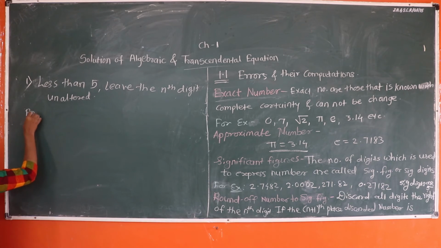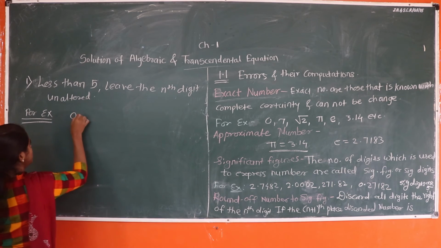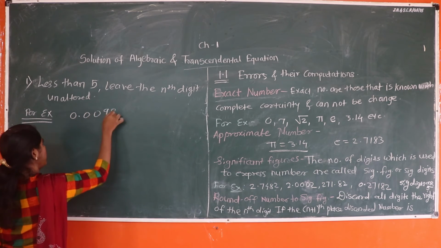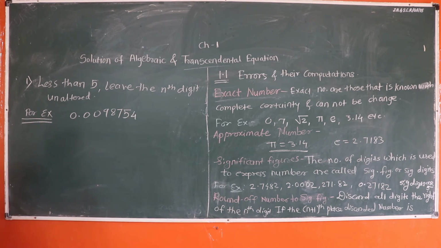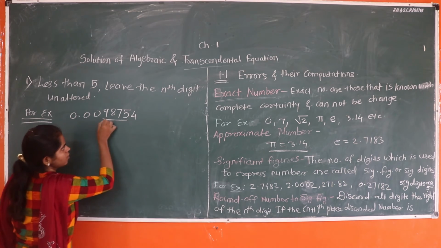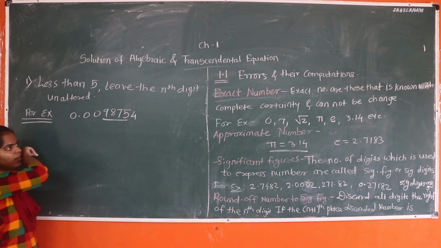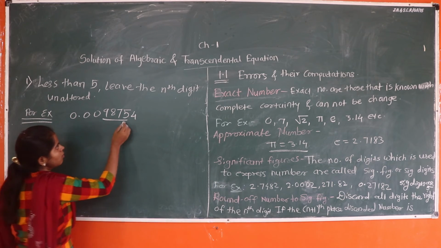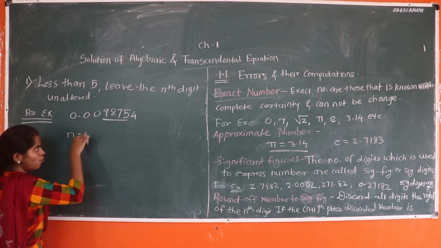For example, the number is 0.00987554, rounded to 4 significant figures. So n is equal to 4.